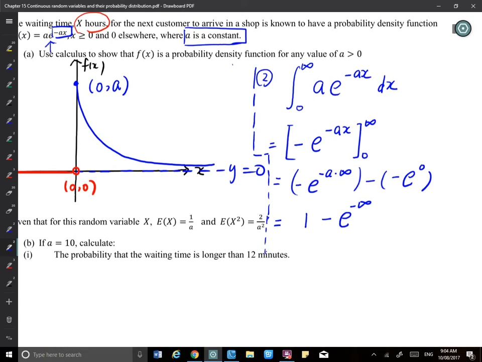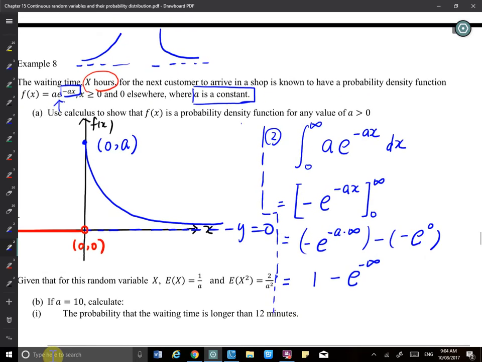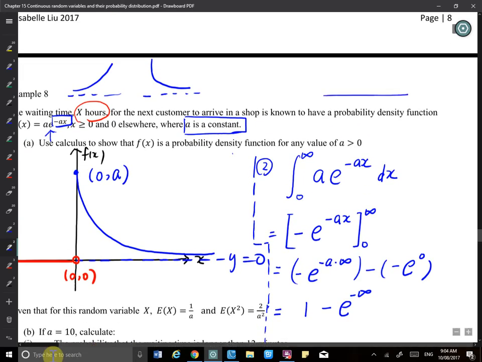My question is, what do you think e to the power of minus infinity will be? What number is it approaching? Have a think about the e^x graph. 0. Think about the exponential graph. When x is approaching negative infinity, the y value is getting closer to 0.